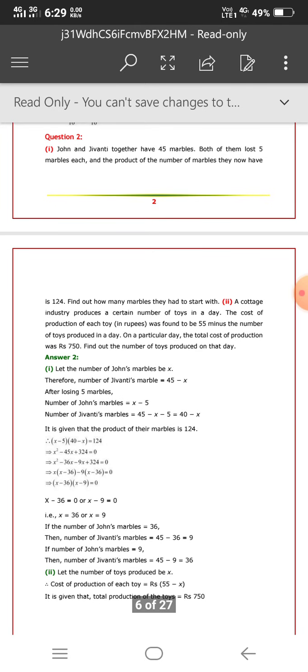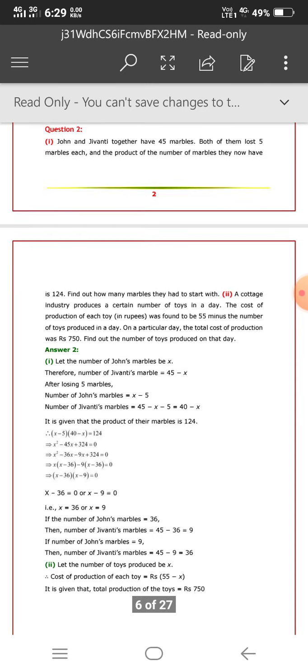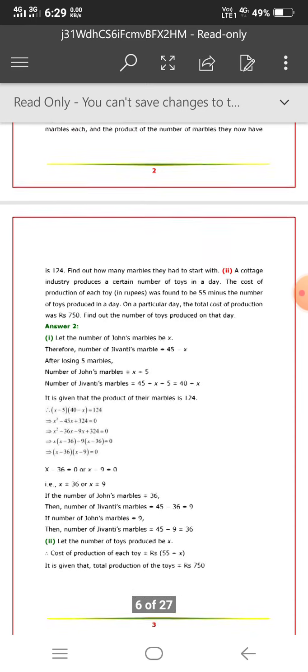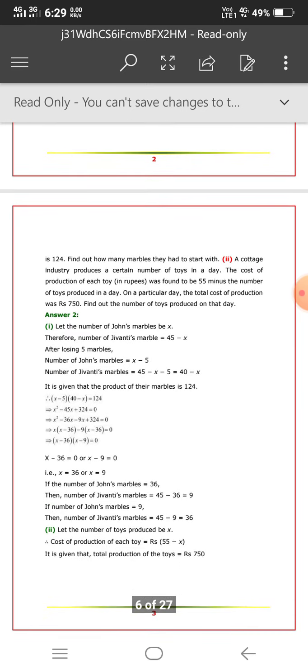Question number 2 is given: John and Jivanti together have 45 marbles. Both of them lost 5 marbles each, and the product of the numbers of marbles they have is 124. Find out how many marbles they had to start with.